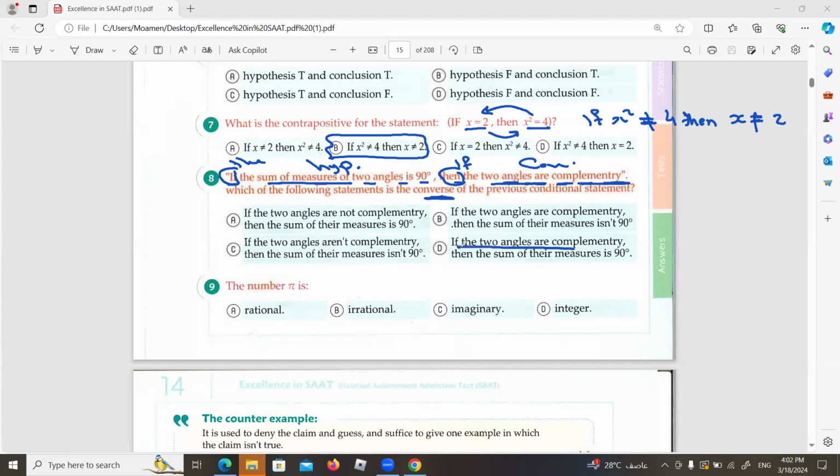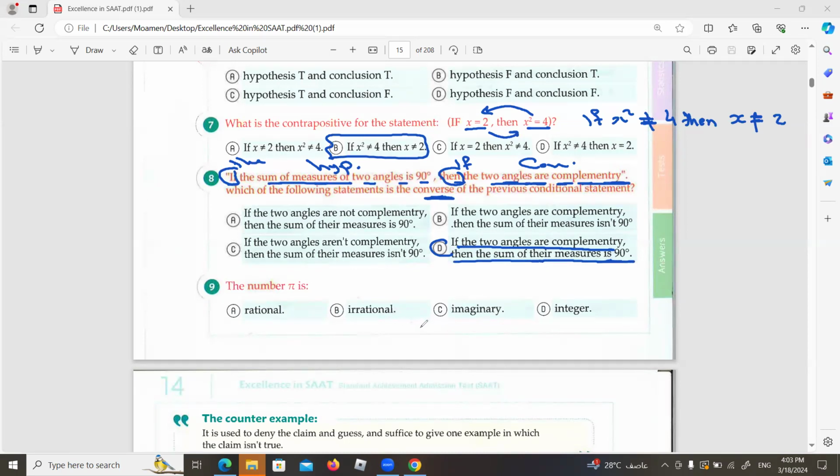Because we said converse means a flip: the hypothesis becomes a conclusion, and the conclusion becomes a hypothesis. Okay, this is number 8.